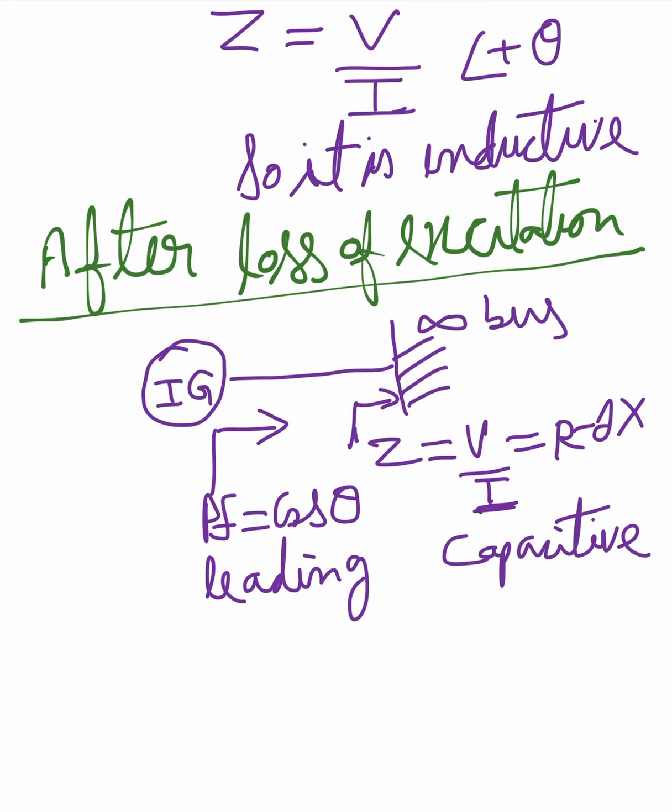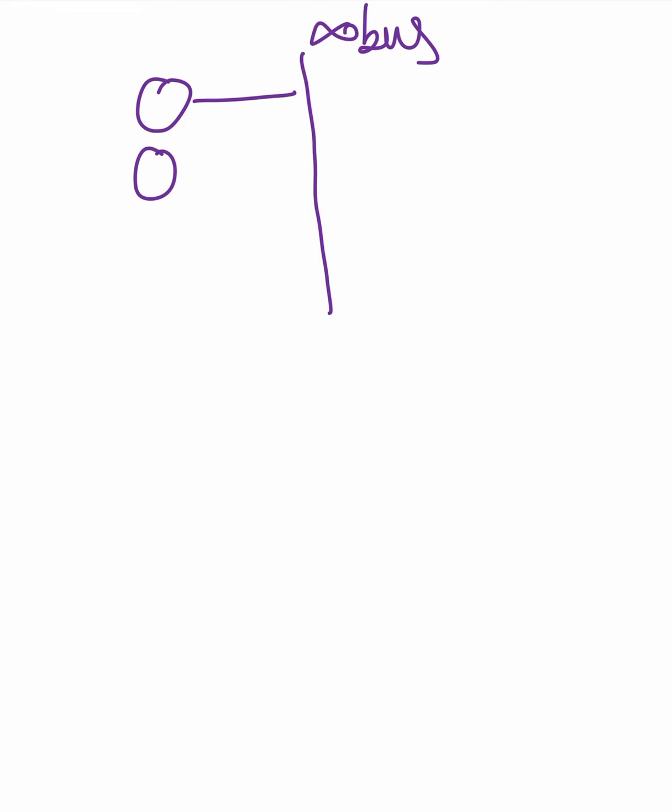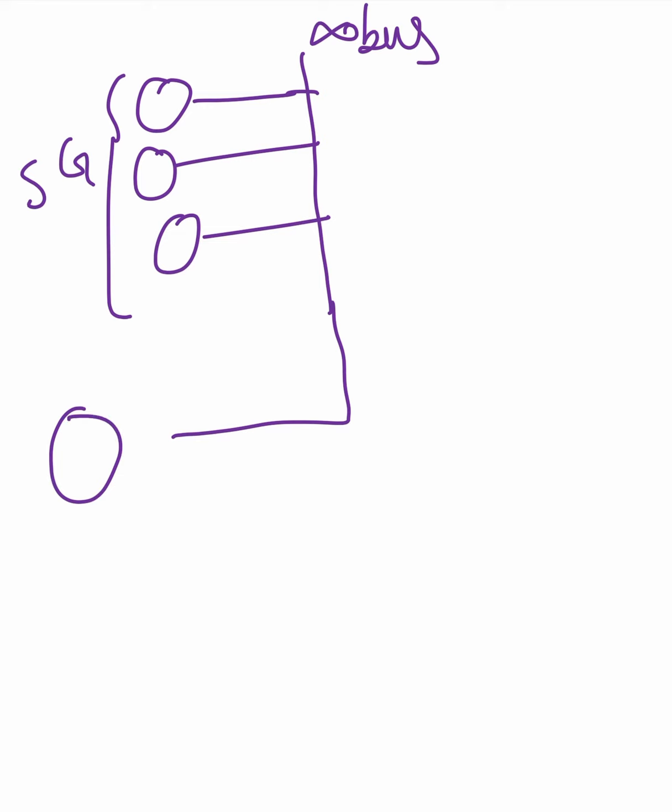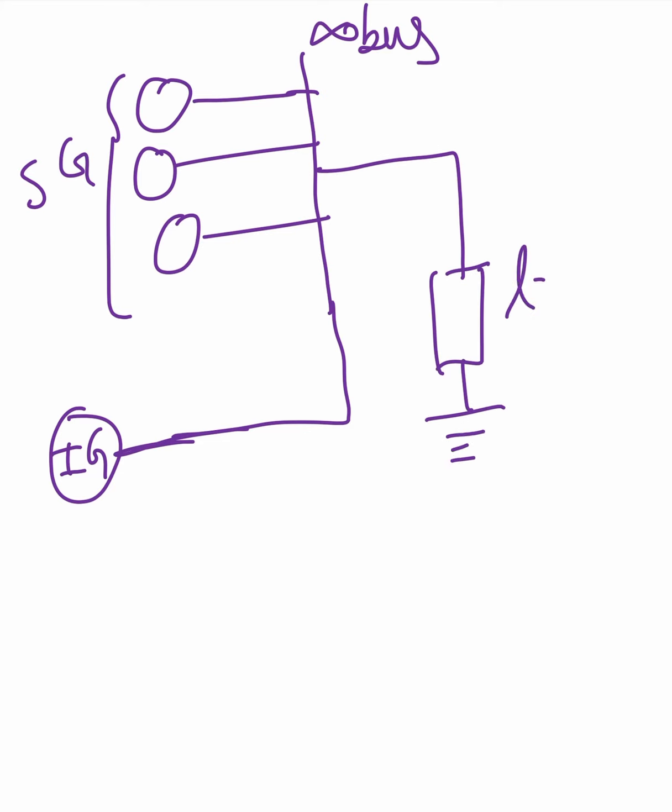Basically, the infinite bus system is directly connected with the synchronous generator, and in the other case an induction generator is connected with it.